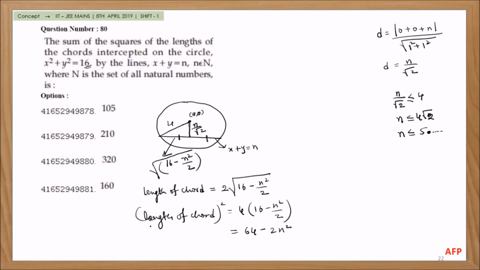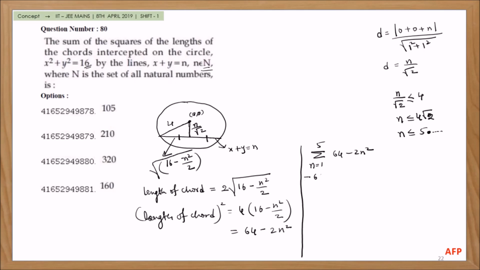So now if you take the sum of the lengths, it is summation we are supposed to take. The summation, n must vary from 1 to 5 because it should be less than or equal to 5 point something. N is a natural number. So 64 minus 2n square.